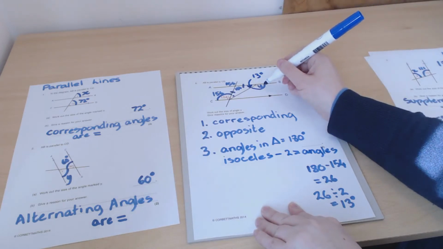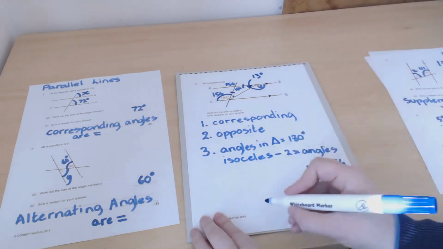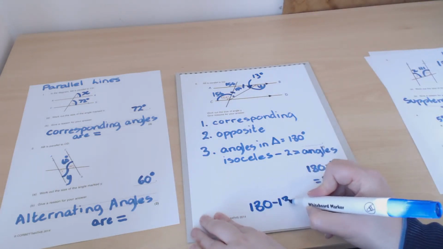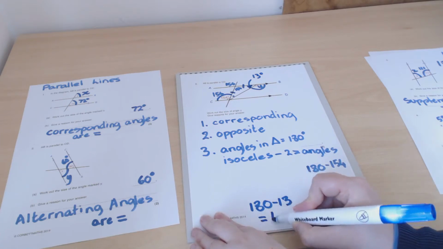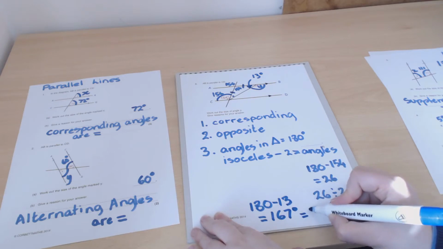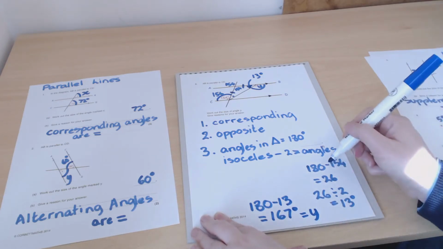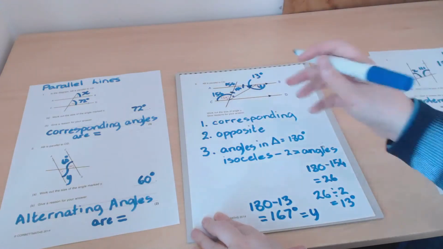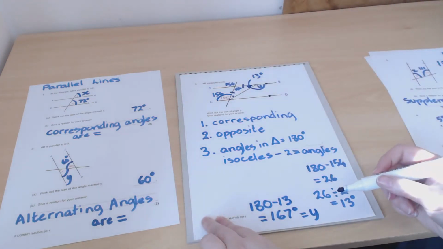We can finally work out what Y is because they're on a straight line next to each other. So we're going to do 180, take away 13, which is going to give us 167. So that's our Y. Now, typically I would have done these sums more in line with the reasons, okay, but I'm just trying to keep it neat here.